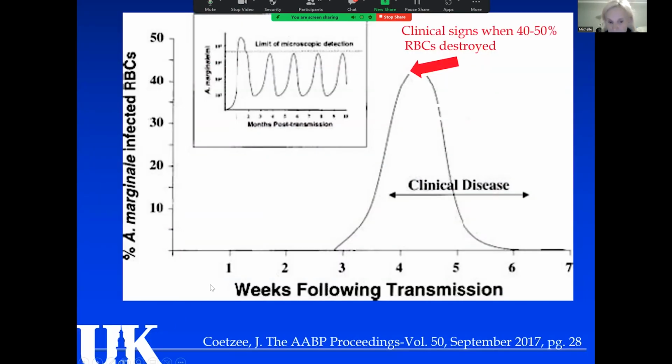So once they're infected with the Anaplasma bacteria, it takes a little bit for that to destroy the red cells. So like this, on the x-axis is weeks following transmission. On the y is the percentage of red blood cells affected.